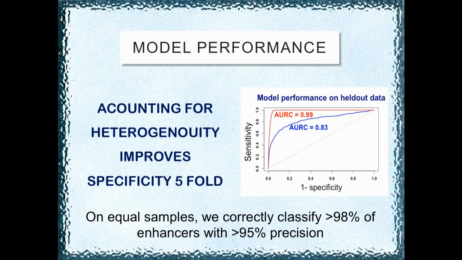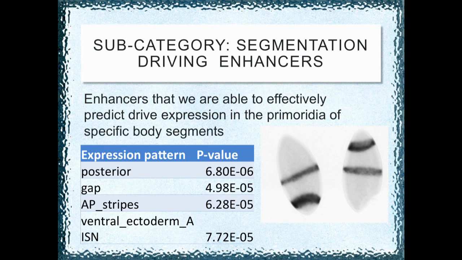With this set, we can predict more than 98% of the enhancers with an accuracy greater than 95% when there is an equal number of enhancers and non-enhancers in the test set, which definitely is good enough for a whole genome scan.